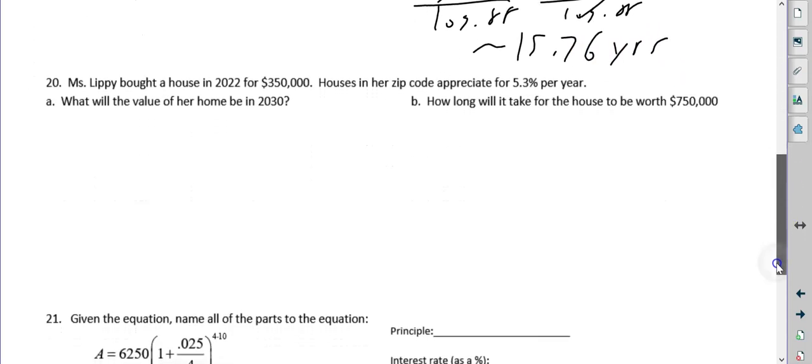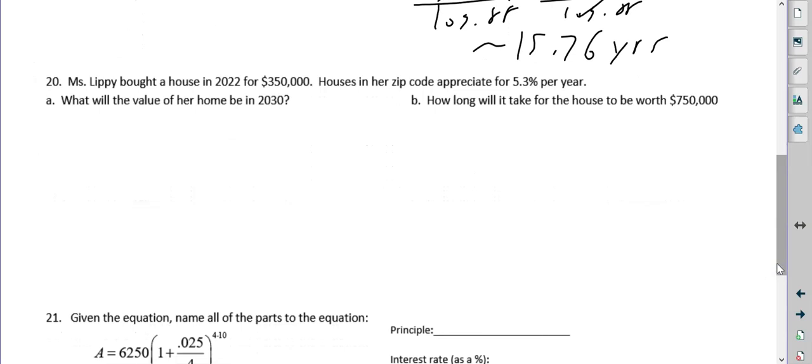All right. Ms. Lippy bought a house in 2022 for $350 grand. Houses in her zip code appreciate 5.3% per year. What will it be worth in 2030? Okay. Well, you have to figure out how many years it is from here to here. Okay. That's 8 years.